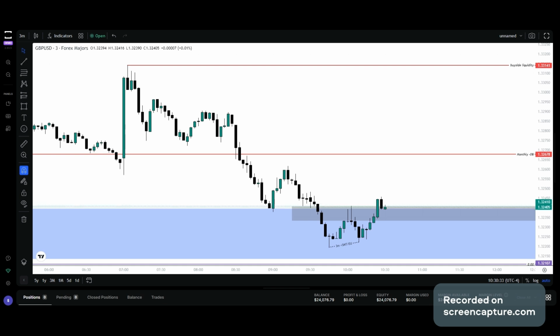I don't want to miss this move. Let's get our measurements. So yeah, it would be an easy 1 to 2, but I'm going to see how price behaves.